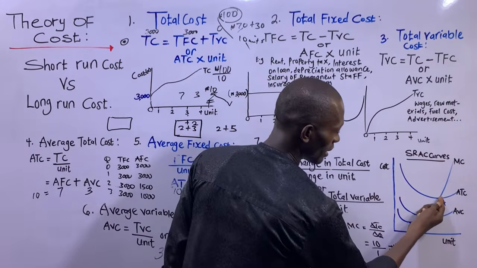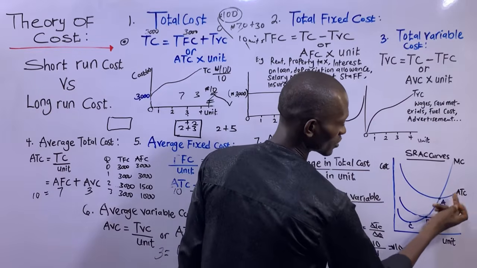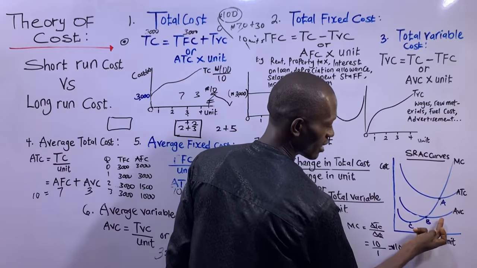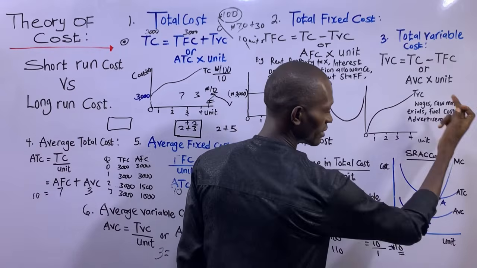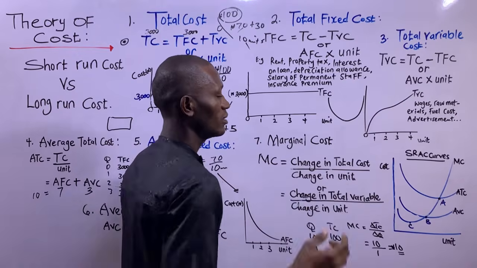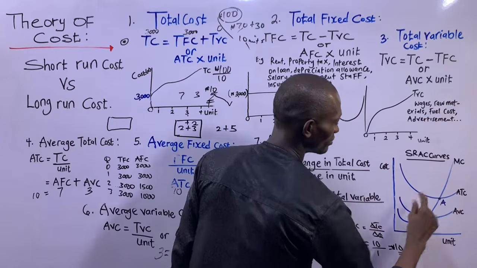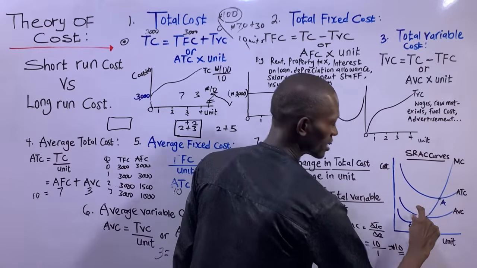So when marginal cost is above average total cost, average total cost rises towards the marginal cost, and average variable cost also rises towards the marginal cost. Now, you can see here that the average total cost starts falling, average variable cost starts falling.